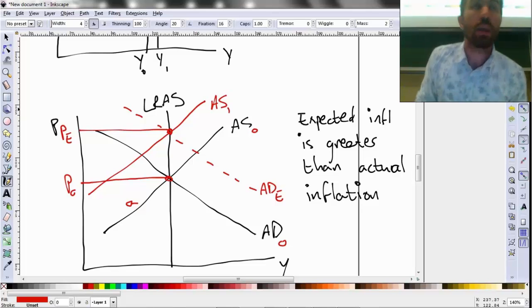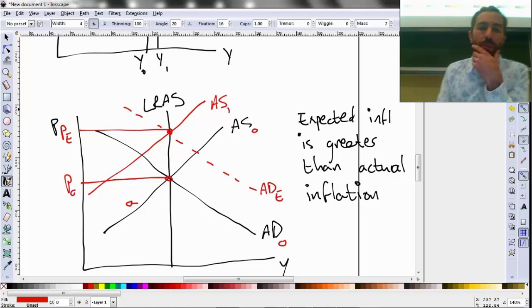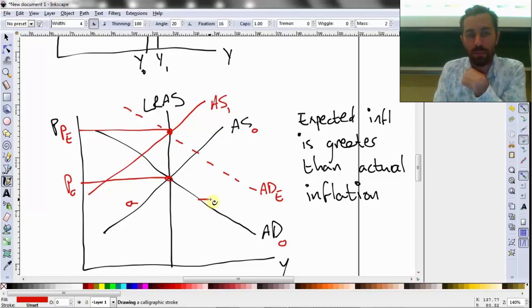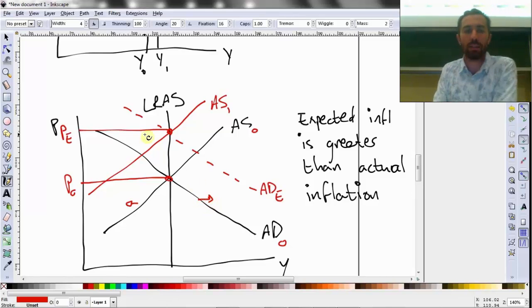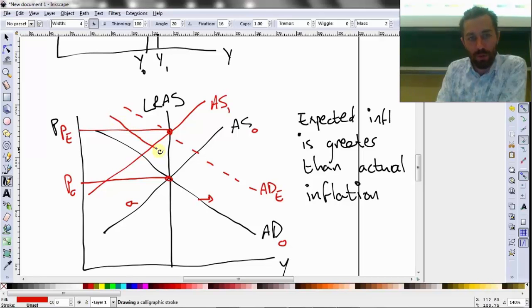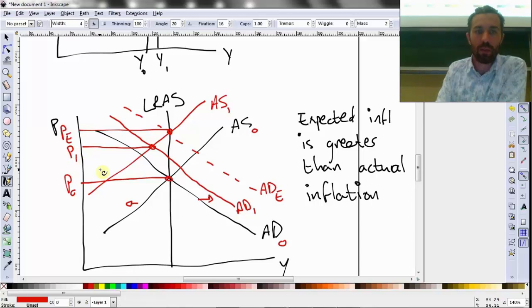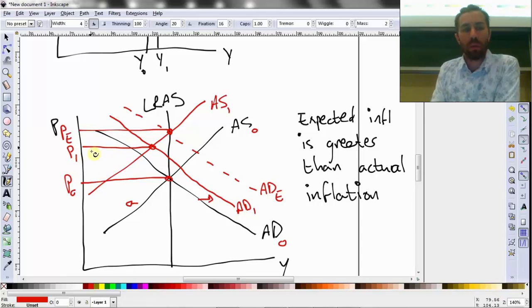Instead of that, however, what do we end up with? Aggregate demand maybe increases by less than what we expected. What happens? Prices rise by less than what we anticipated. So prices increase from P0 to P1. What do we end up with?